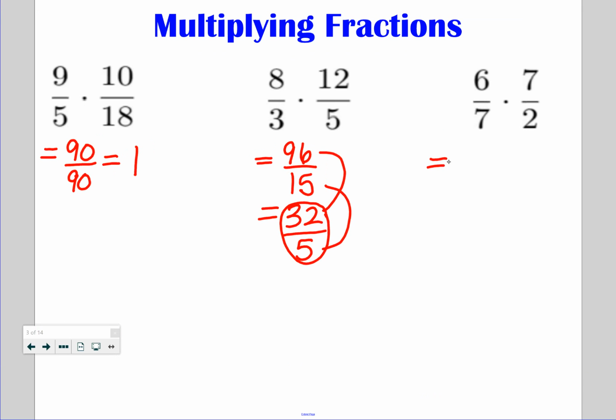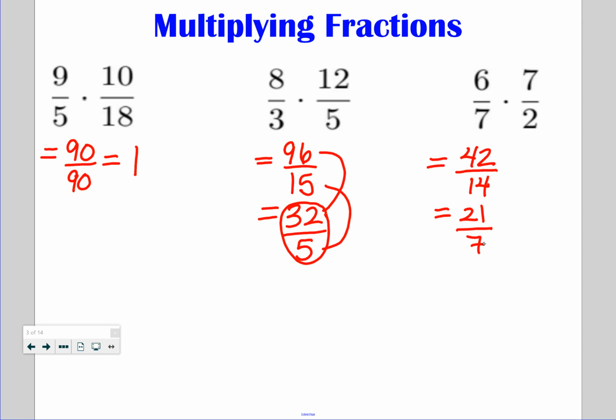Again, I'm multiplying straight across. 6 times 7 on top, 42. 7 times 2 on the bottom, 14. And then it looks like my fraction's going to reduce. I'm going to do this one without the calculator. These are both even numbers, so obviously divisible by 2. If I divide the top by 2, I get 21. The bottom by 2, I get 7.